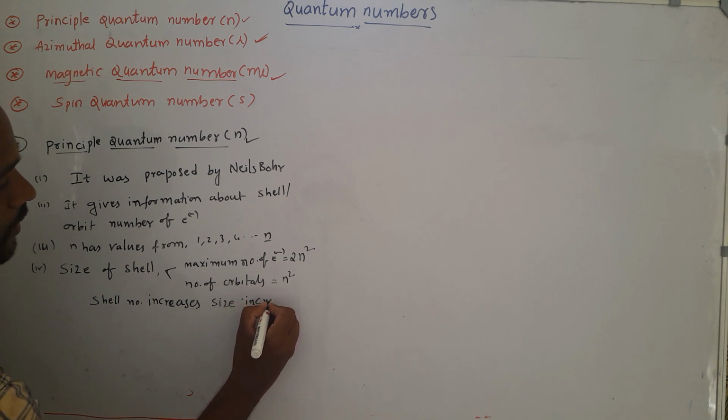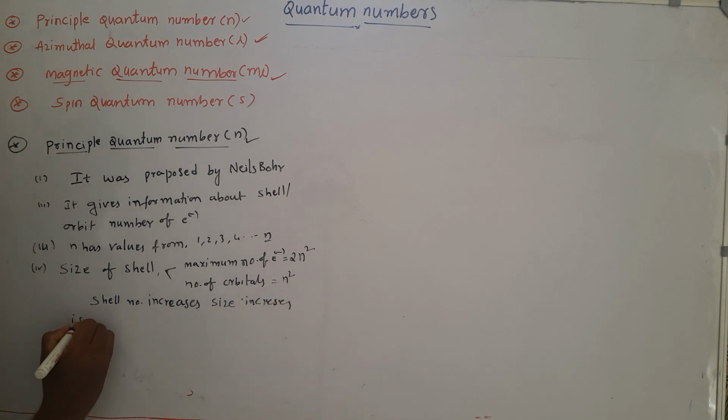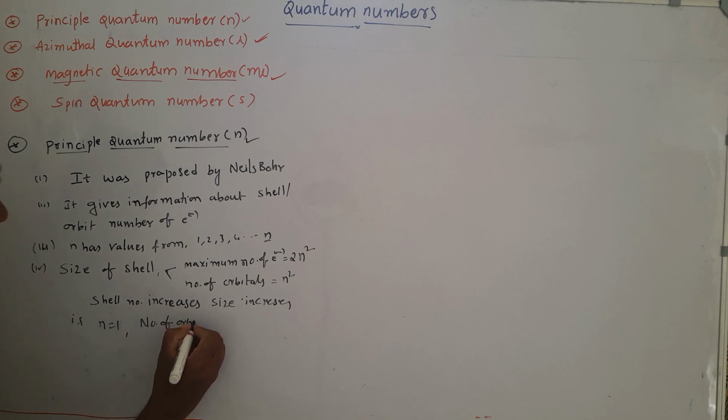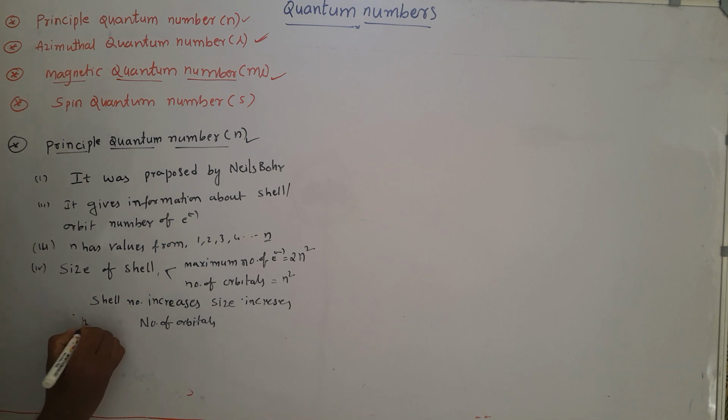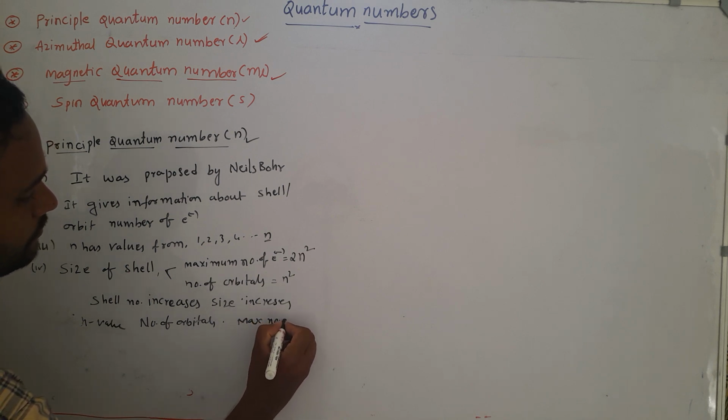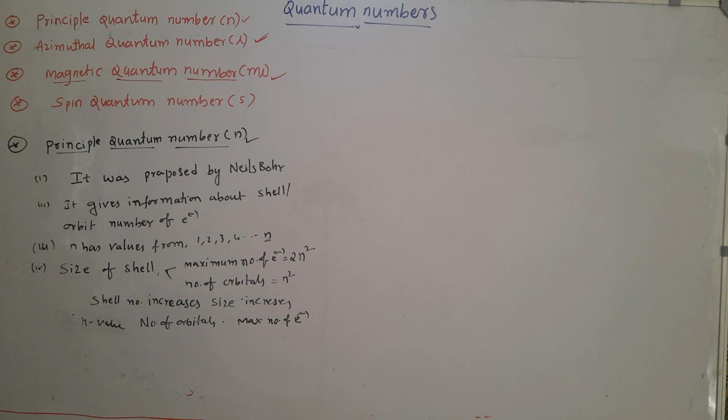For example, for n value 1, the number of orbitals by the formula n square is 1 square, that is equal to 1 only.